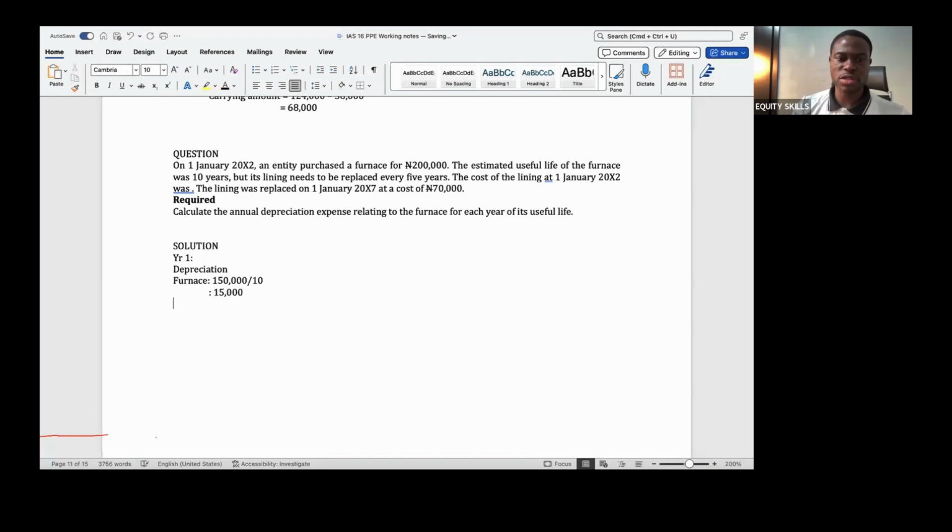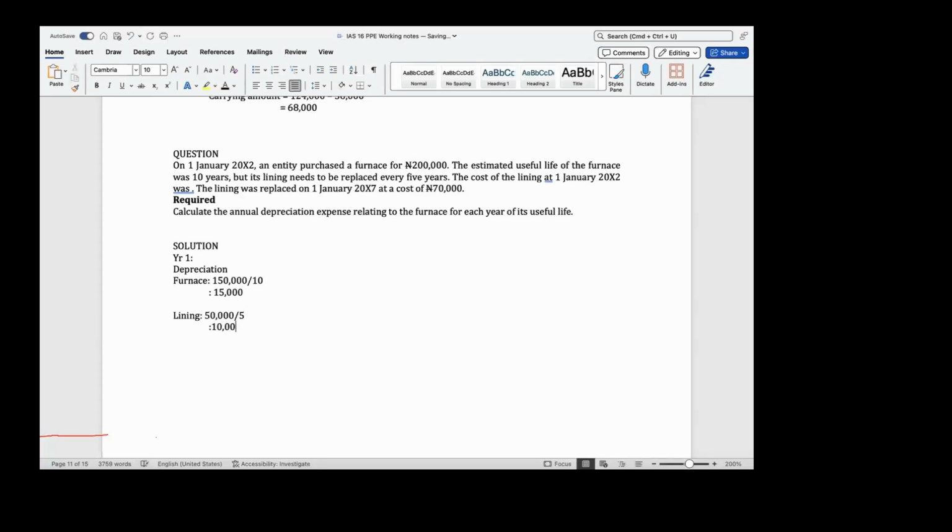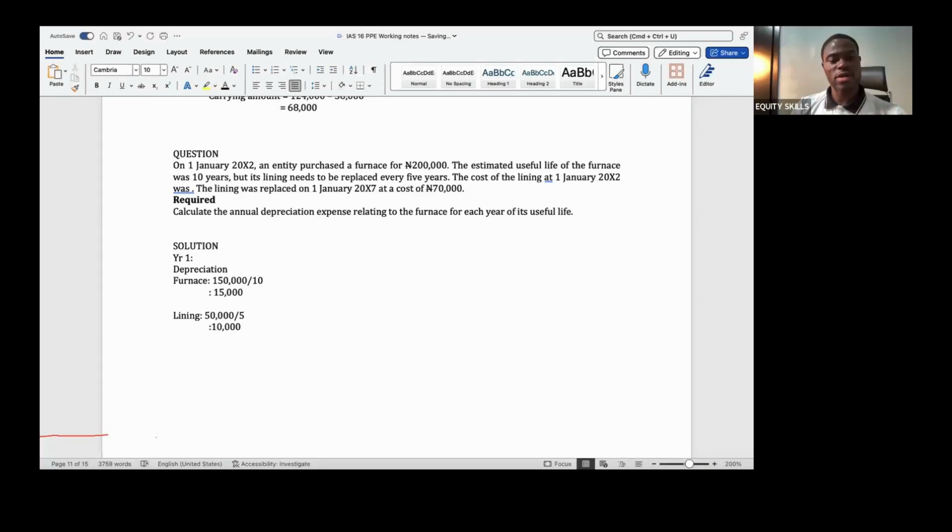That'll give me depreciation of 15,000. For the lining, that'll be 50,000 divided by what? 5 years. And that's how much? That's 10,000.